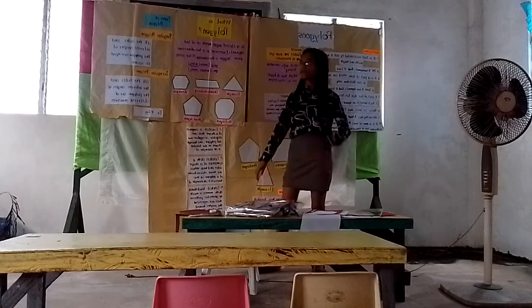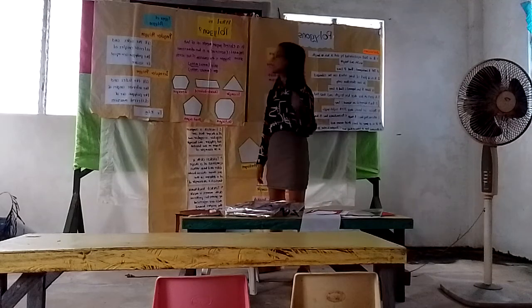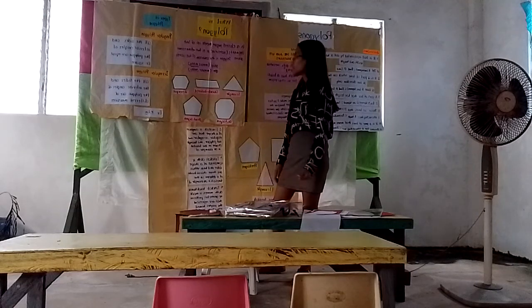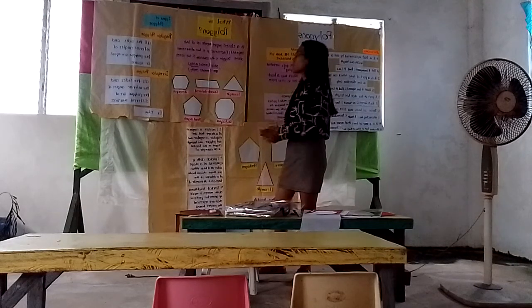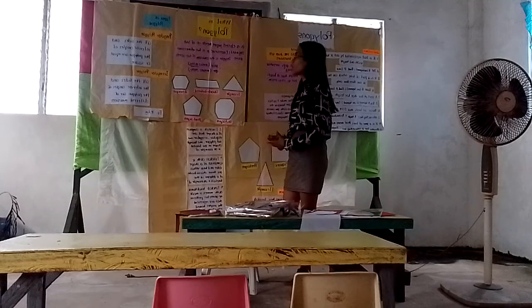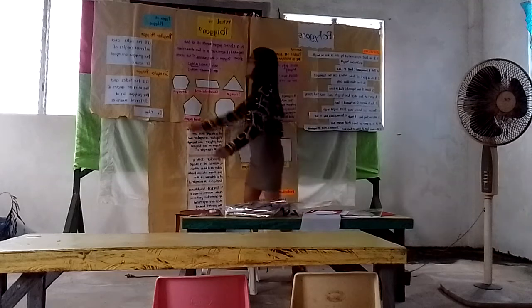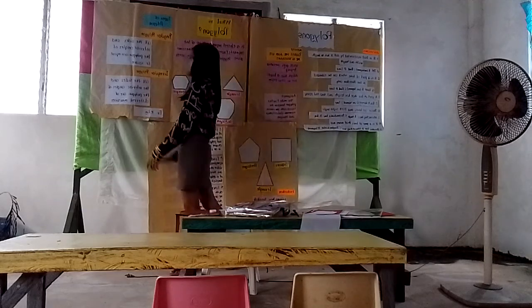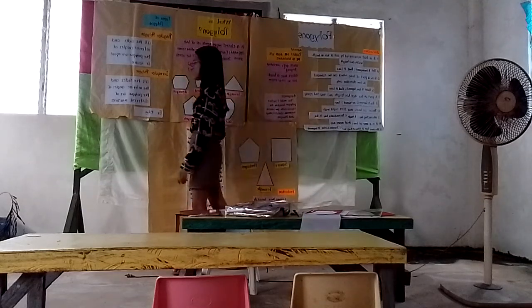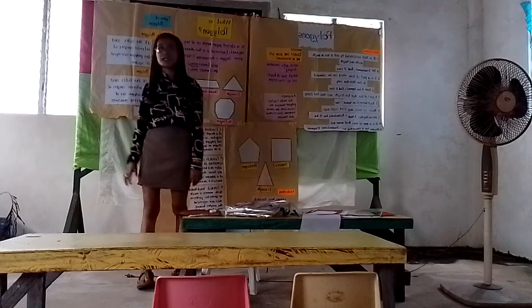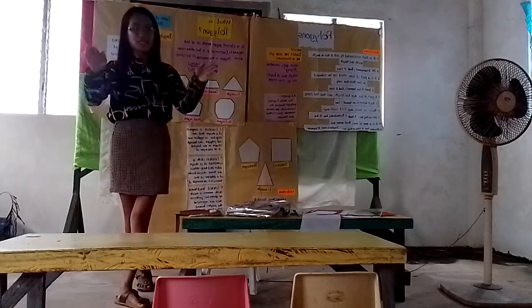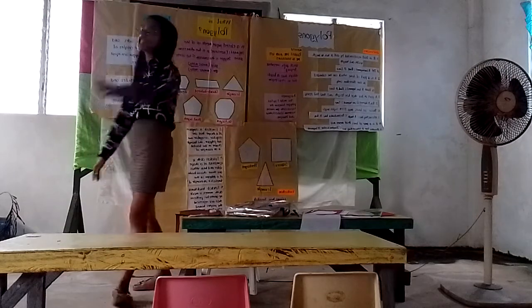There are two types: regular and irregular polygon. The regular polygon has all sides and interior angles equal, for example the square. The irregular polygon has all sides and interior angles of different measures, so it is not the same.